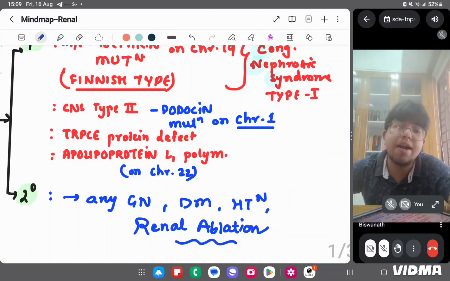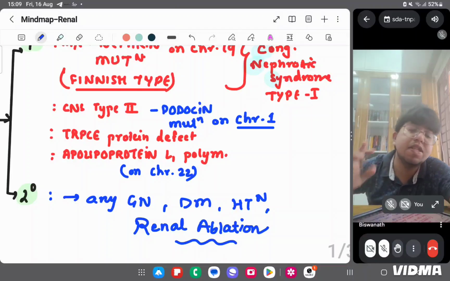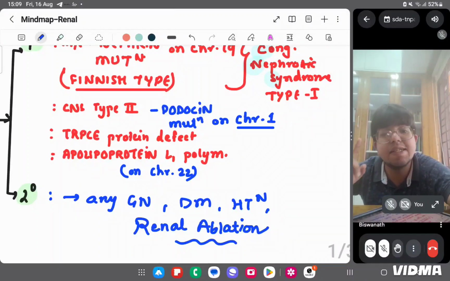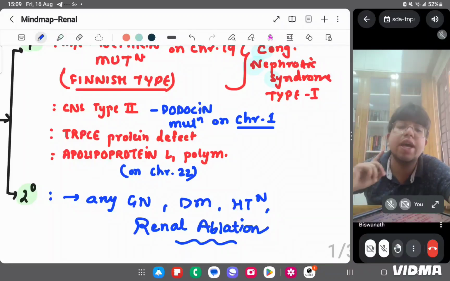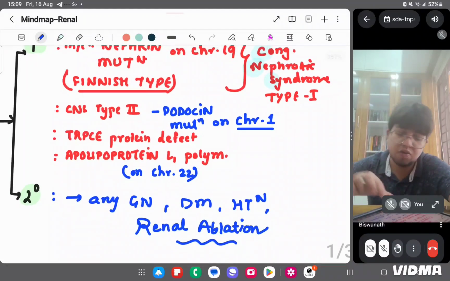A subtype is called a collapsing variant of FSGS, which is seen in HIV, and this has the worst prognosis.